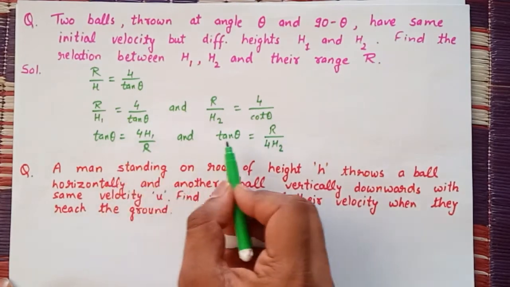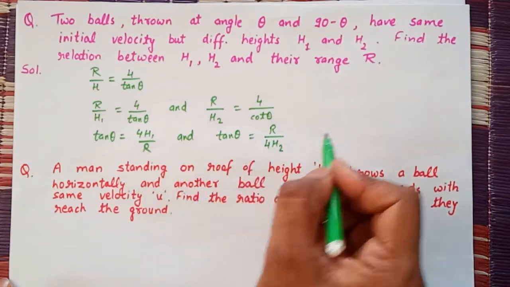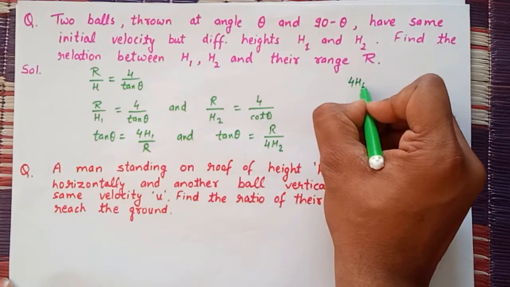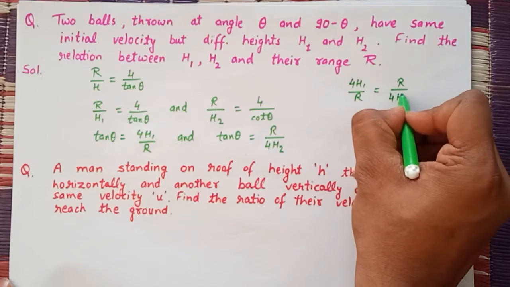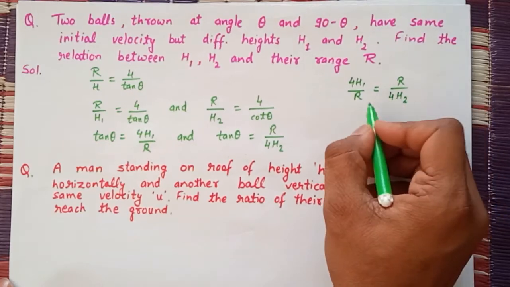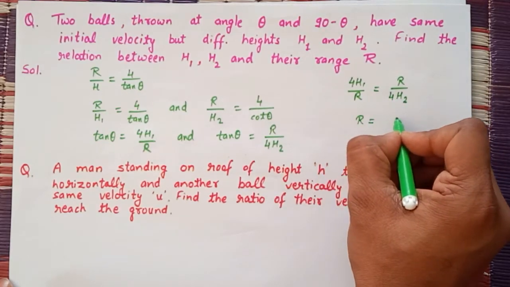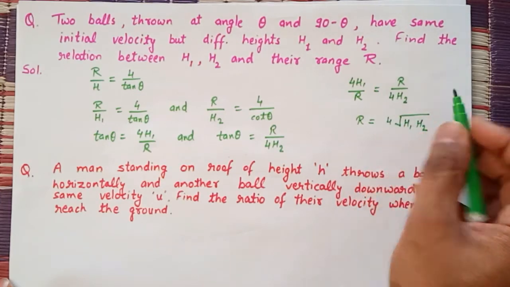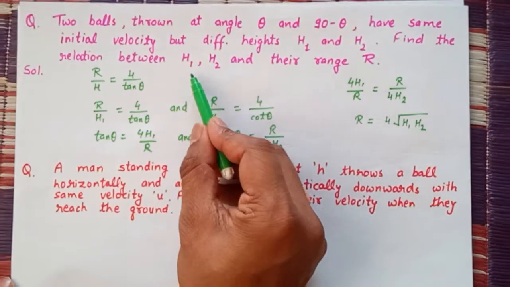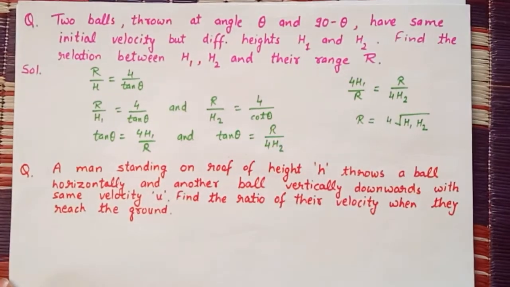Now both are tan θ, so we can equate them. So I will get 4h1 upon R is equal to R upon 4h2. Cross multiplying, I will get R as 4 square root of h1h2. So this is the relation between h1, h2 and their range R.